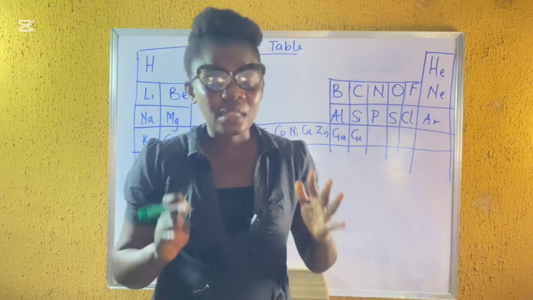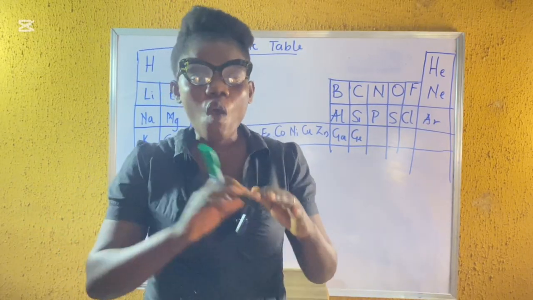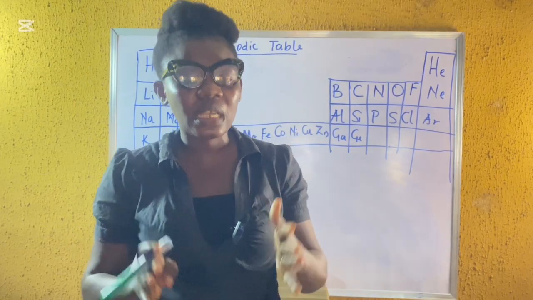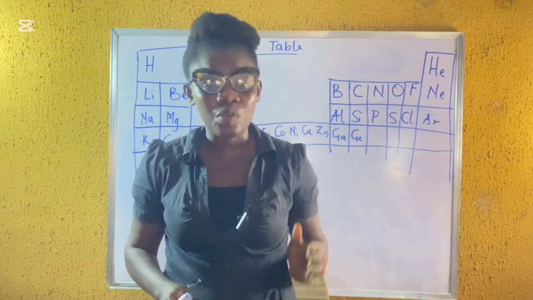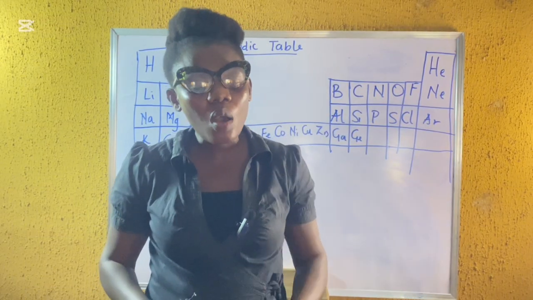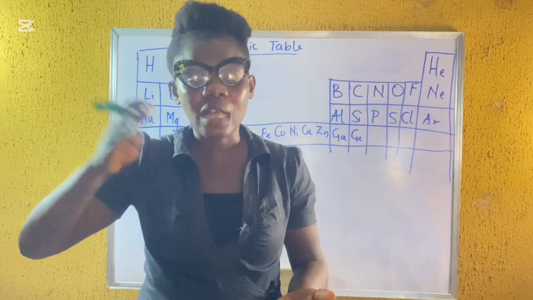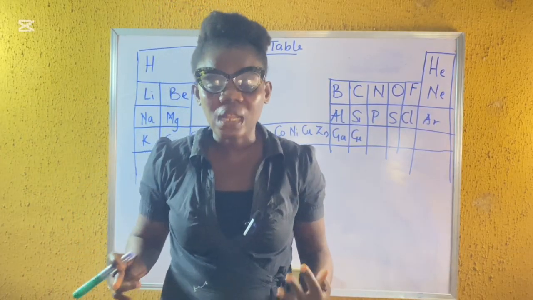I said that a periodic table is a systematic arrangement of all the known elements in order of their increasing atomic number. So that means the elements are arranged in the periodic table according to atomic number. The first atomic number, to the second one, to the third one, and so on.